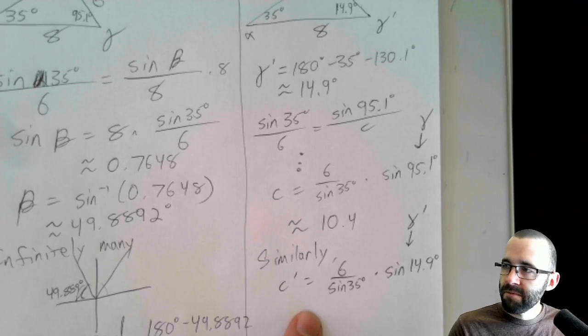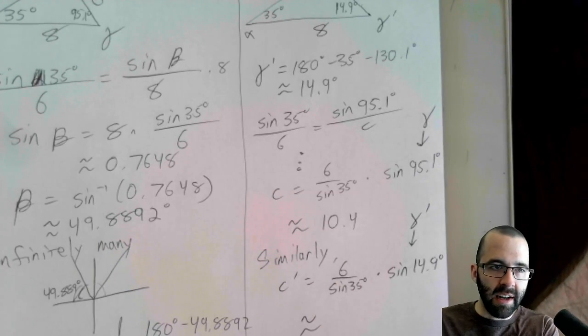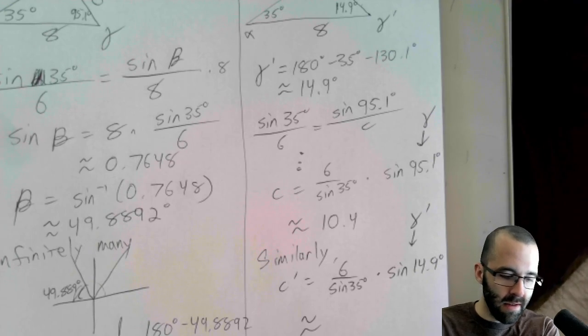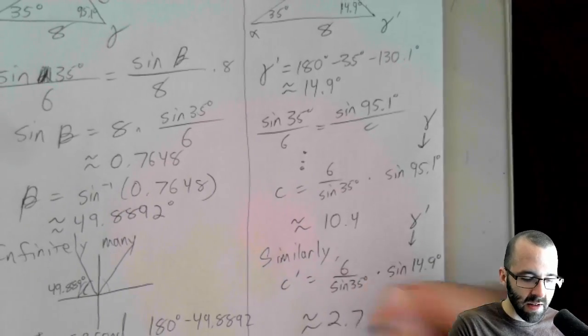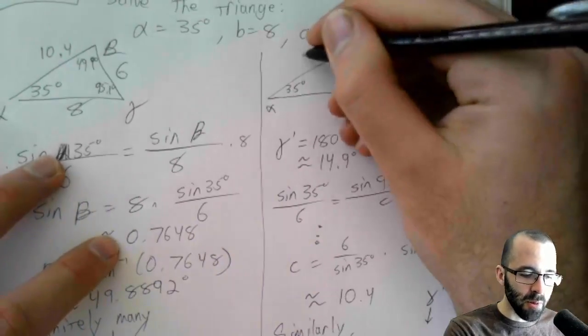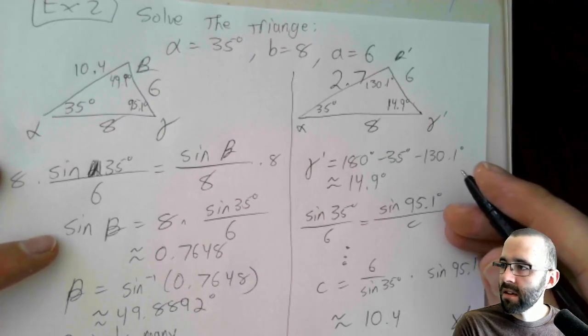All right. And for C prime, what you're going to get is 2.7 approximately. So fill that in, 2.7. And we have our two answers.